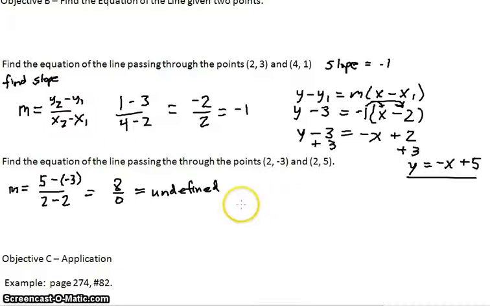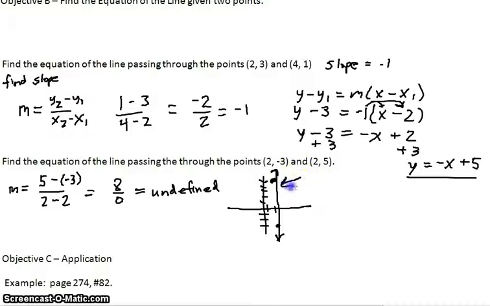And in terms of a visual picture, what we have here is a line that goes through this point and that point. We have a line that goes straight up and down. I know it's not perfectly drawn, but it goes straight up and down through these 2 points.